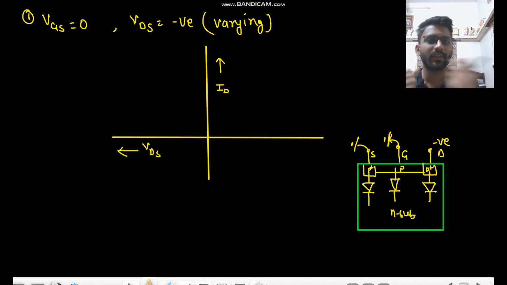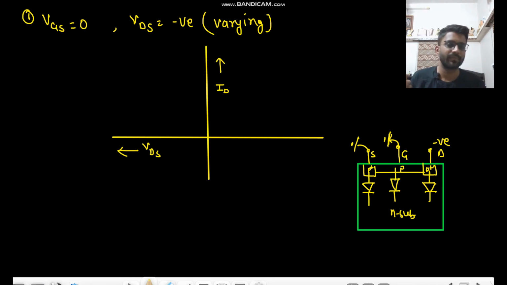Because of that, the holes feel a high electric field and get attracted to the drain side, and the current increases. Also, because of the high VDS value, there is high voltage across the channel, because the channel has higher resistance.